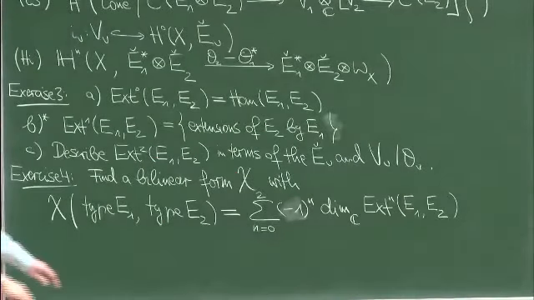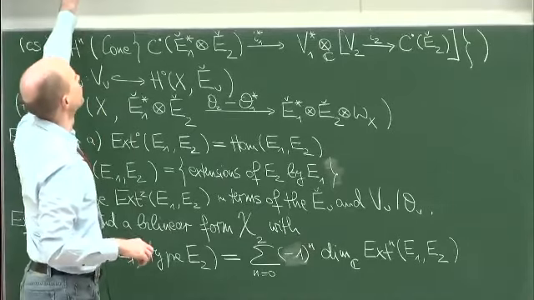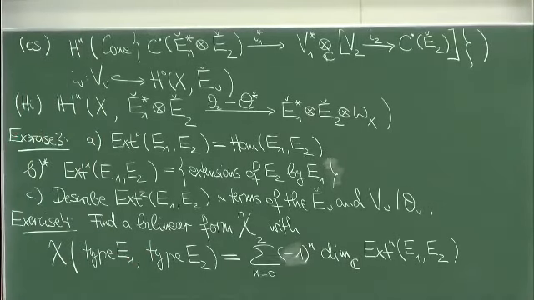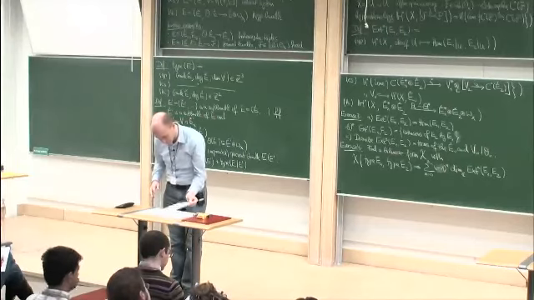Yeah, so that's, if you like, the augmented Riemann-Roch. And I think that's quite useful, for example, if you want to know things like the dimension of moduli spaces and so on.